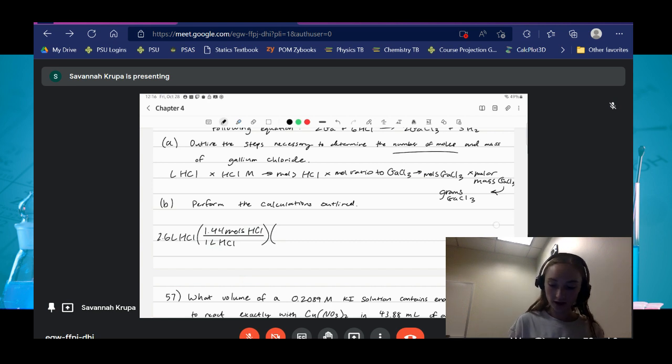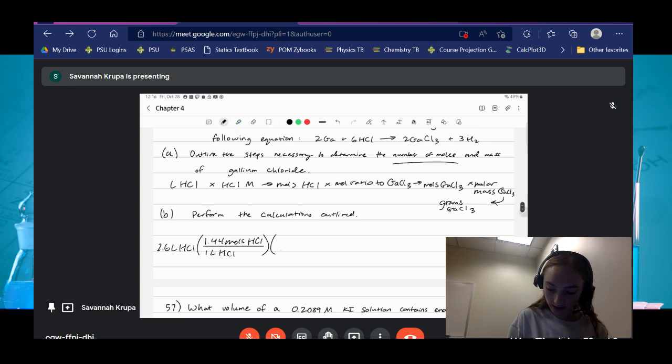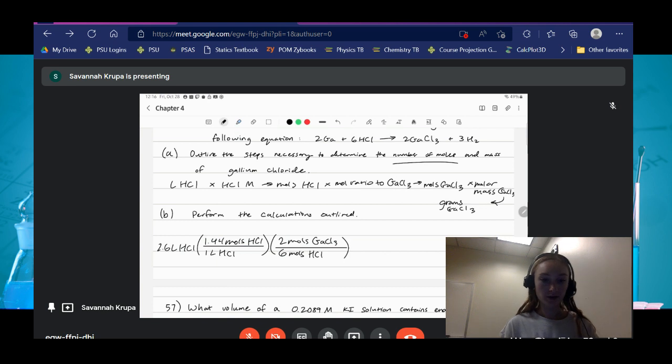So for every 6 moles of HCl, 2 moles of gallium chloride is produced. And now that we're in moles, we can multiply that out, and that's going to be our first answer. And that's going to be 1.248 moles of gallium chloride.